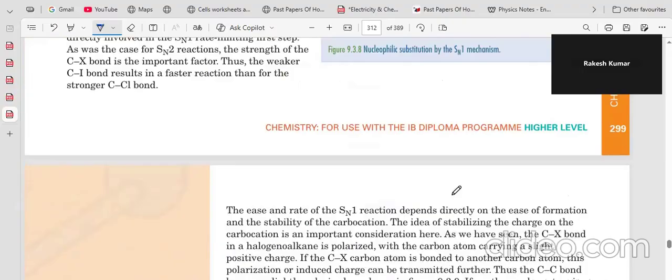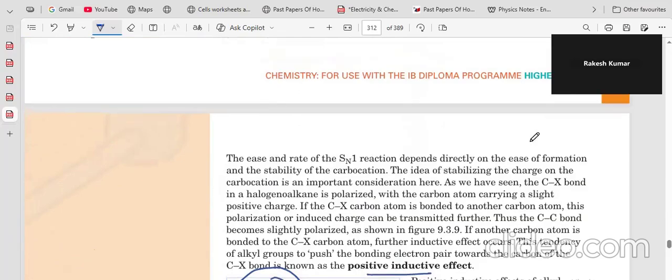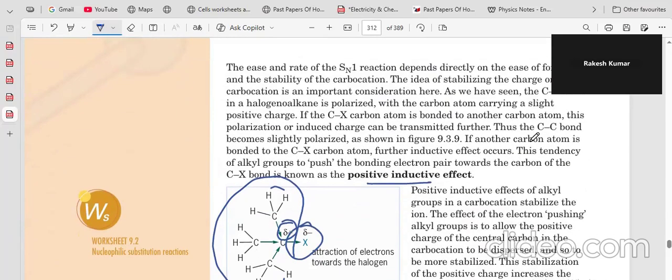If the nucleophile is stronger, then SN2 is favored. As for the positive inductive effect, the alkyl groups push electrons and disperse the charge. So the positive charge gets dispersed, it becomes less reactive and more stable, so it will be there for some time, and then the nucleophile can attack. If it's unstable, it won't exist.